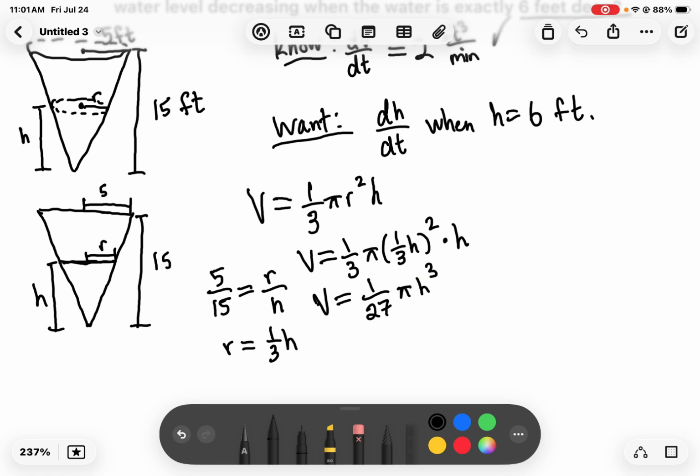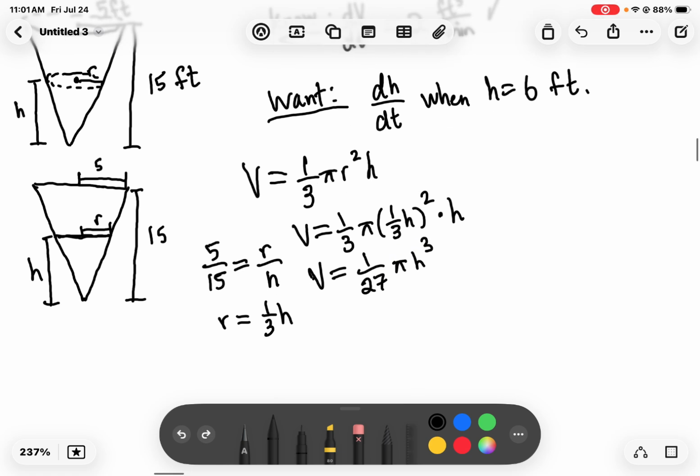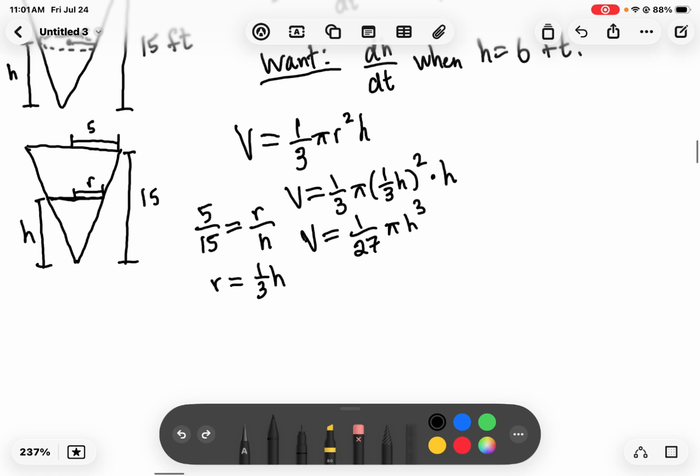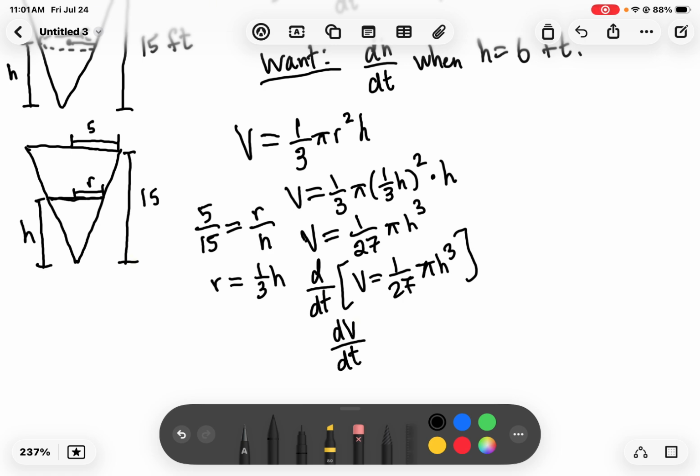All right, good. Now notice that our lives are going to get so much easier if we differentiate this rather than what we had up here. So let's differentiate both sides with respect to time. On the left-hand side, we simply have dV/dt.